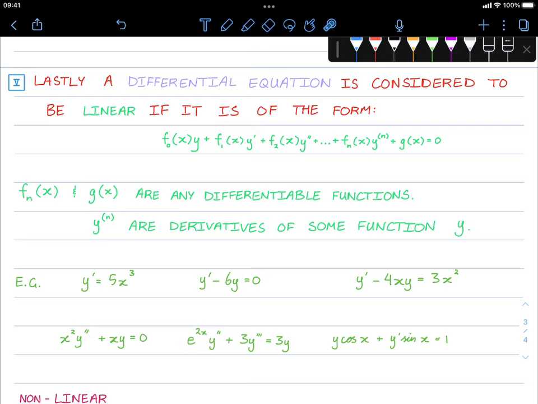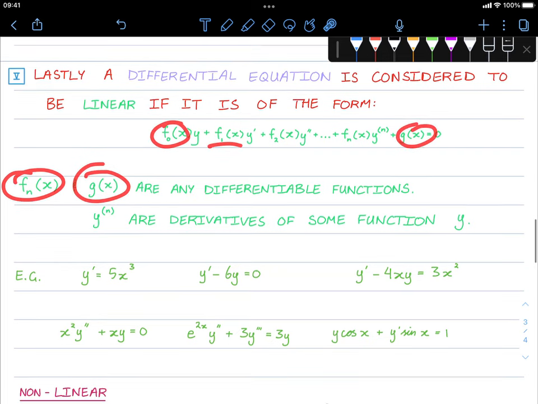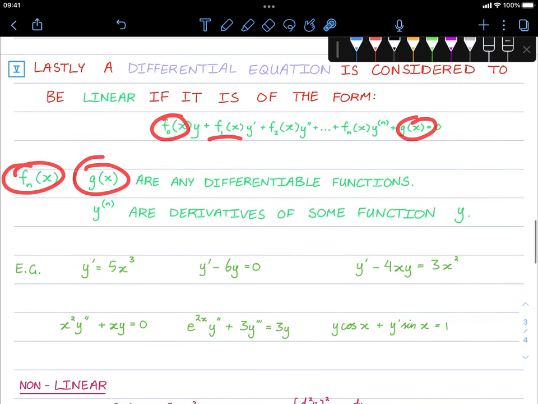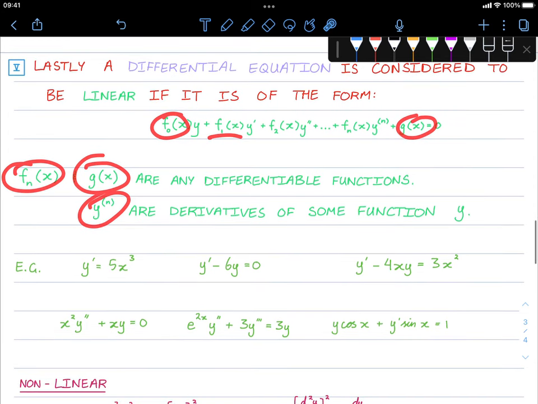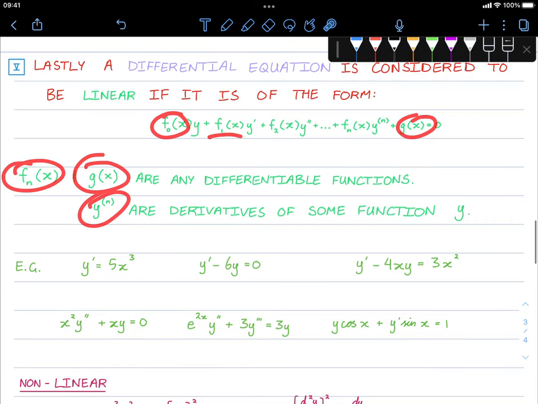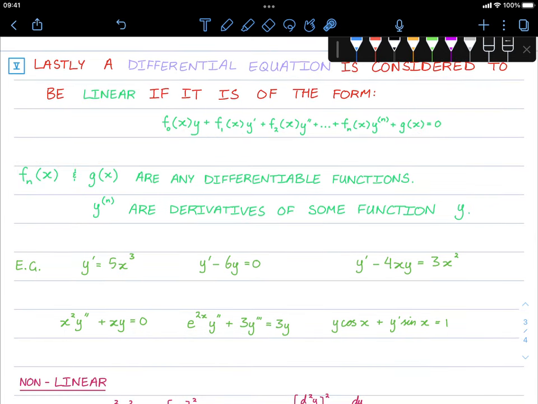Now, this may look really funky, but these f and g are just any differentiable function. Y to the power of n, it's not really a power, it's the y nth derivative, just derivatives of some function of y. So I'll demonstrate to you now.